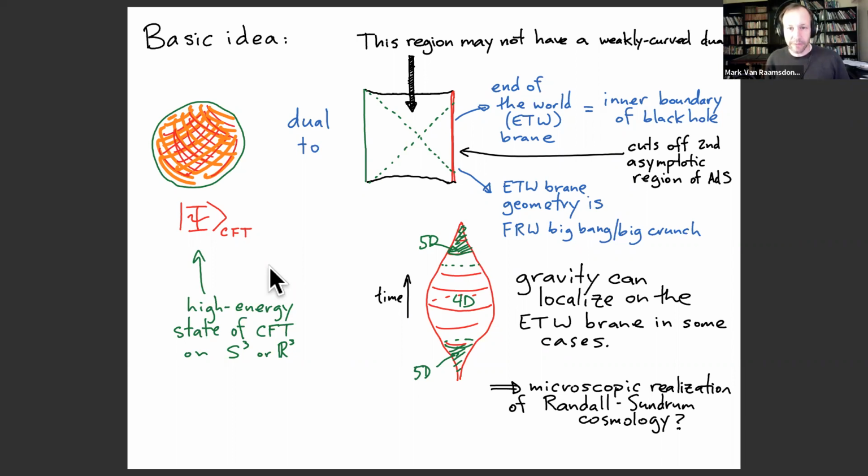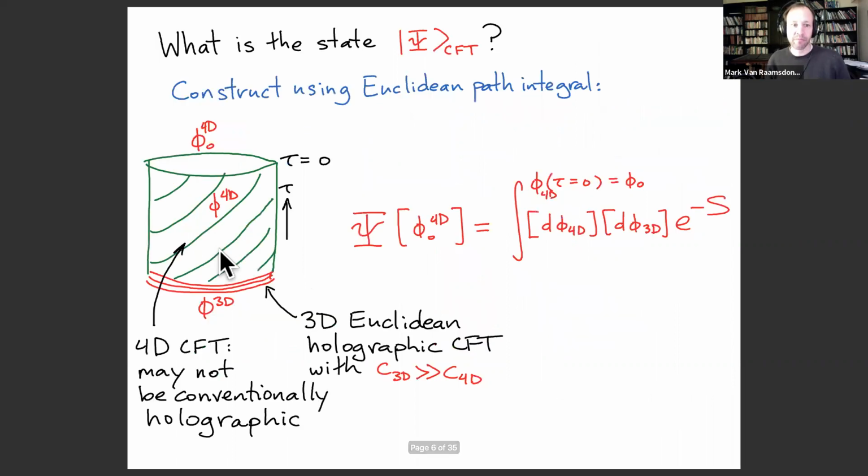Okay, so before we get on to the motivation, I want to tell you specifically what kind of state I'm talking about and how I build this thing. This kind of state is something that I construct using a particular Euclidean path integral.